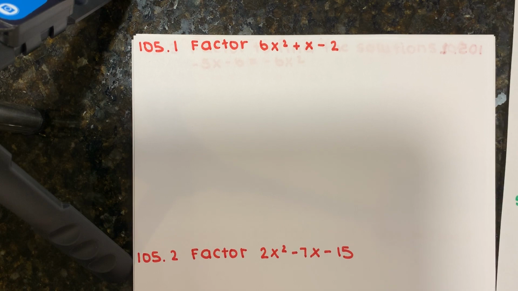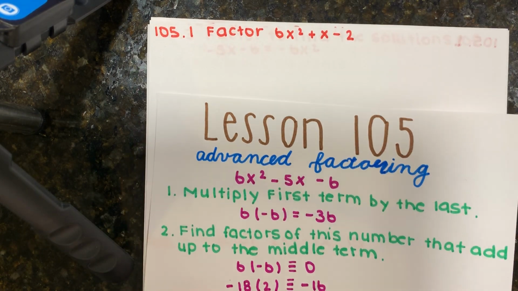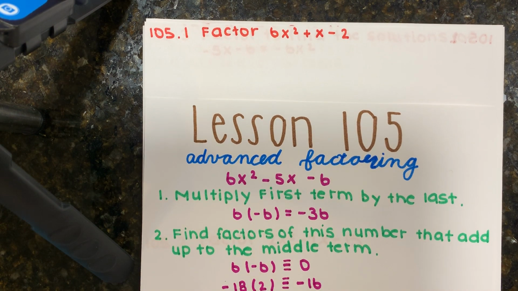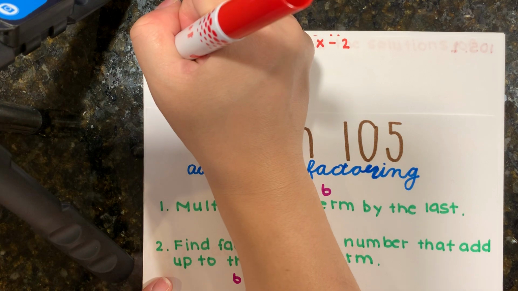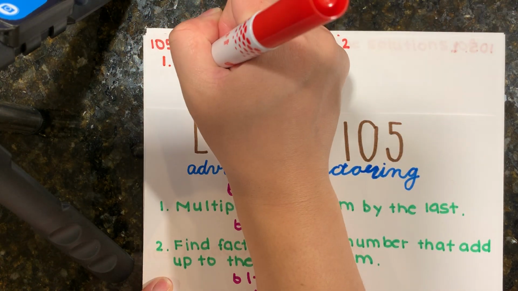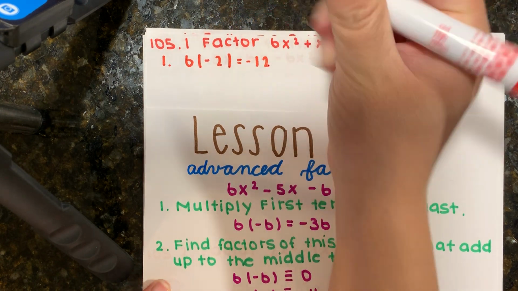The first one we have is 6x squared plus x minus 2. The first thing we're going to do is multiply the first term times the last term. So step number 1, I'm going to multiply 6 times negative 2, which gives me negative 12.